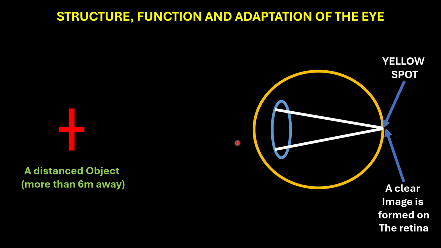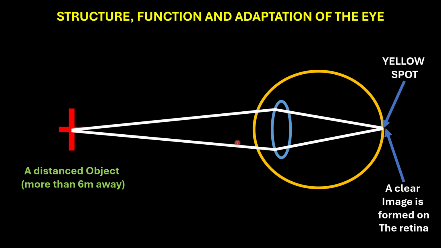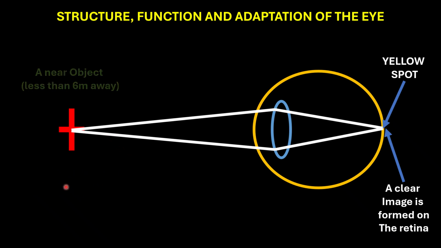If we bring the object closer, will the person still be able to see? Now, you can see here the object is closer by looking at the fact that the light is coming from one spot. Earlier on, the light was coming parallel. Once you see the light coming from one spot, we know the object is within less than 6 meters away.